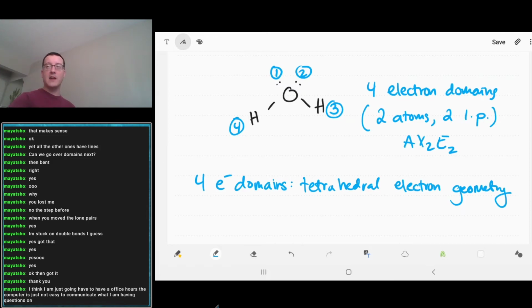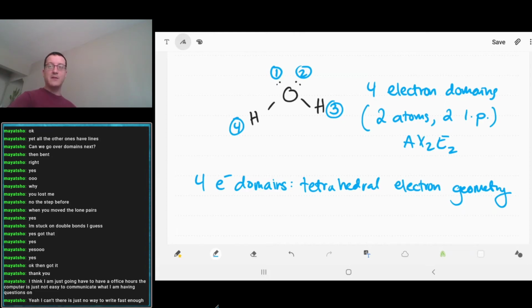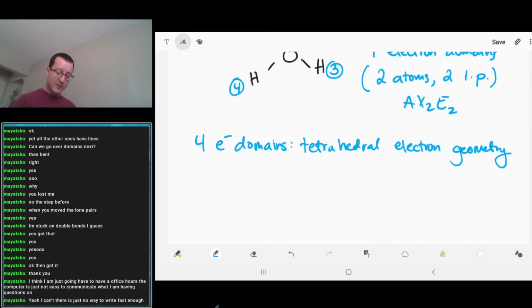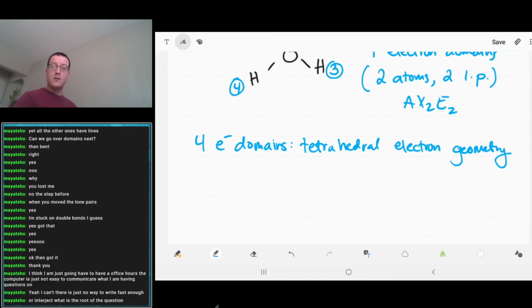If we go back to that chart I drew, we find that 4 domains with 2 lone pairs works out this way. As long as we can classify our molecule with the X's and E's, we can reference our chart and find that this one is bent.